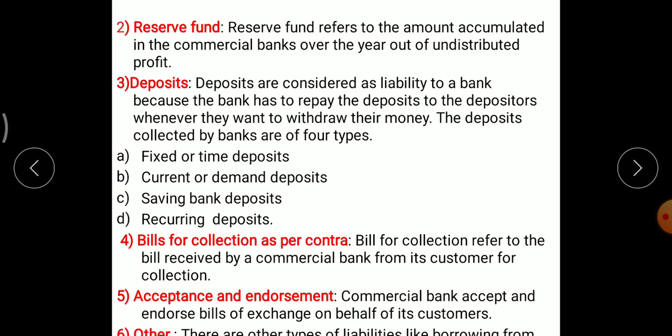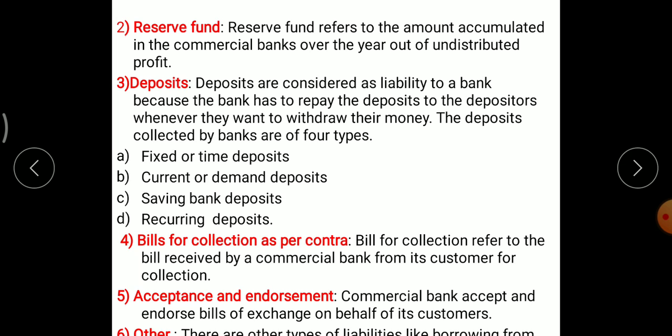Next we can see the liability side, other liabilities. There are other types of liability like borrowing from other sources such as commercial banks and the central bank.